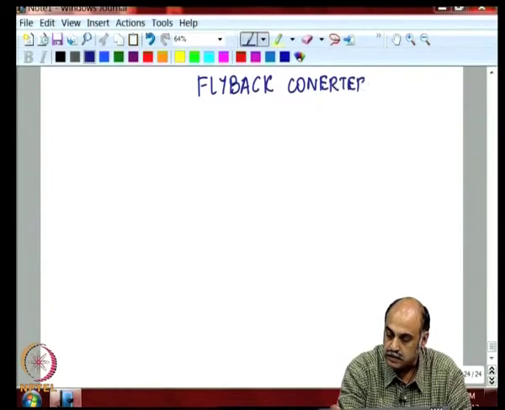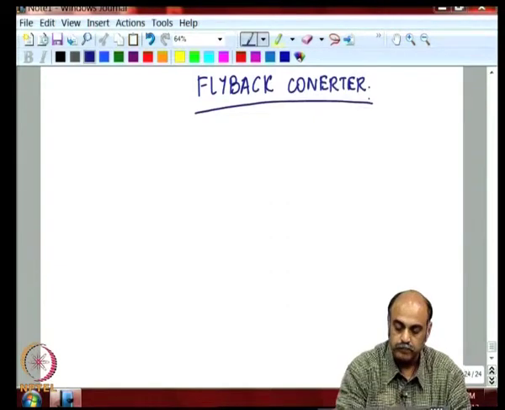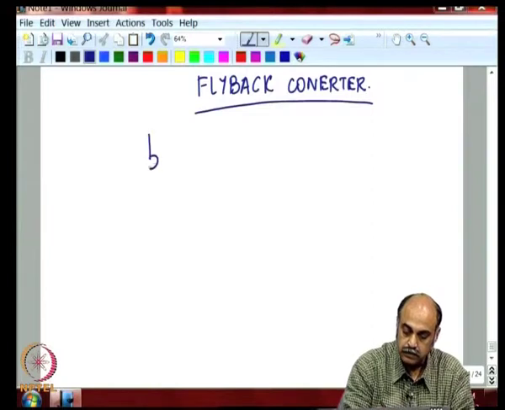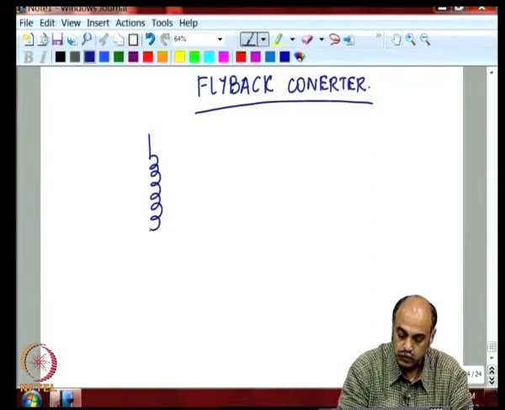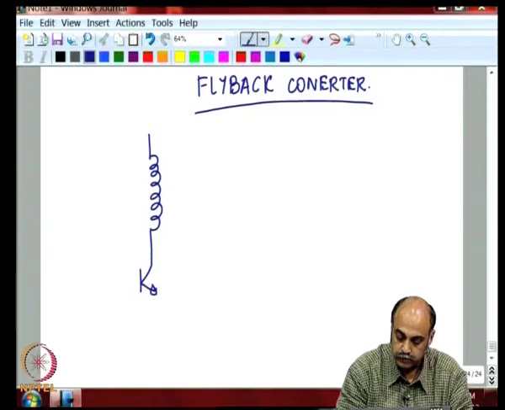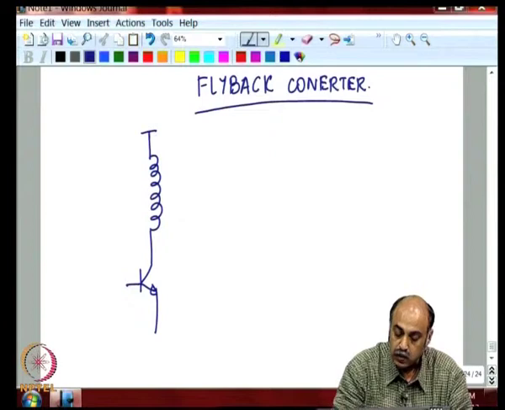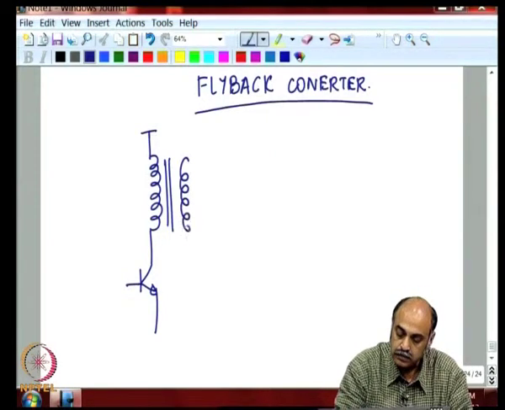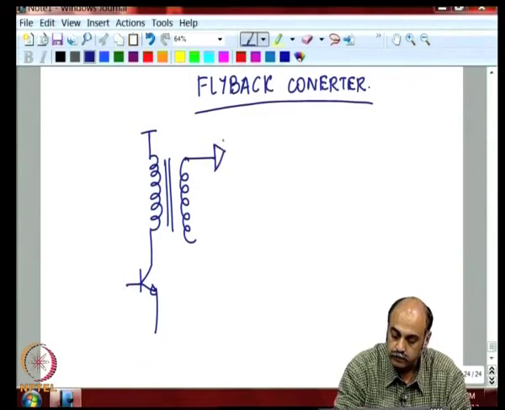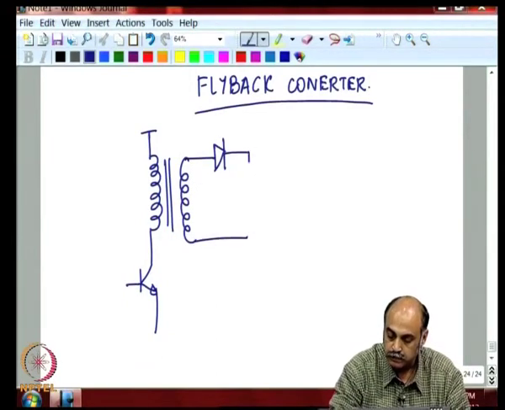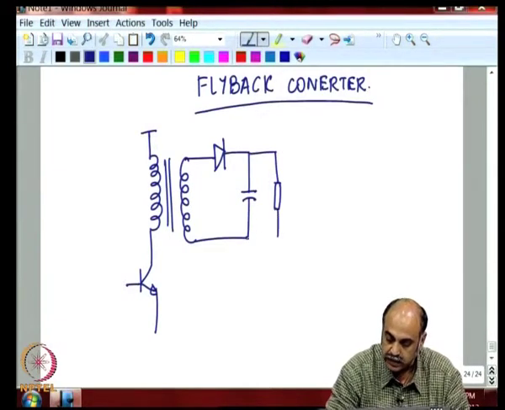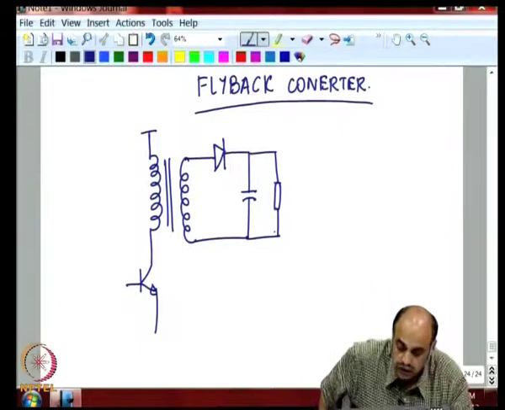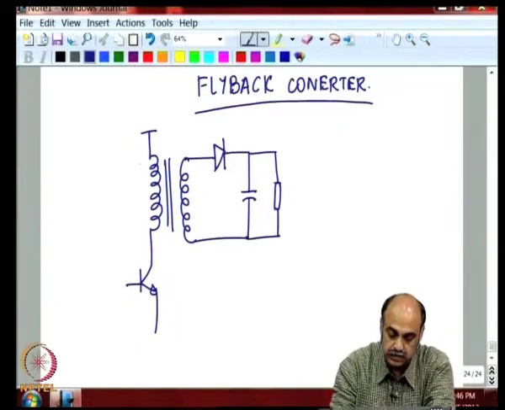The process is exactly the same, only the flyback converter, as you know, is nothing but exactly like the non-isolated buck boost, but you have a winding, another winding across which it is connected.